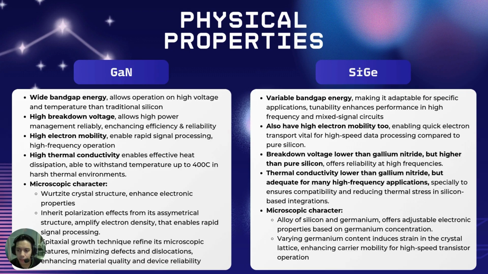Its superior mobility compared to pure silicon makes it ideal for speed critical applications. So next is the breakdown voltage. Silicon germanium actually has a breakdown voltage lower than gallium nitride, but it exceeds that of pure silicon.